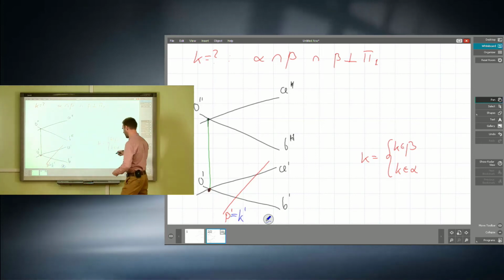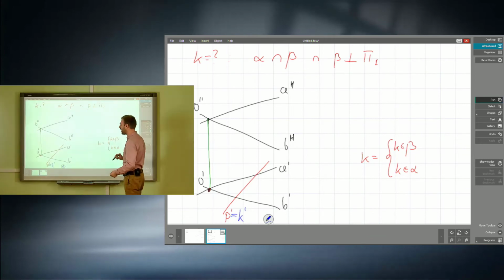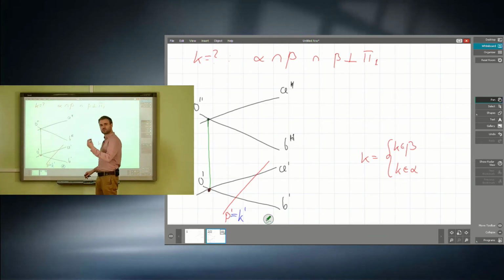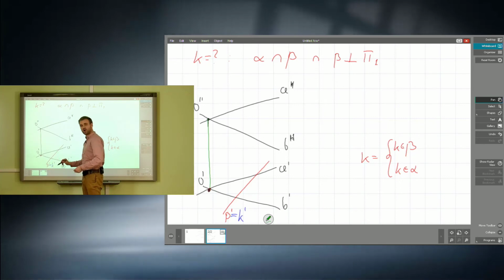But on the other hand, k has to belong to alpha. I mean, I have to find 2 points which belong to k and which belong to alpha.